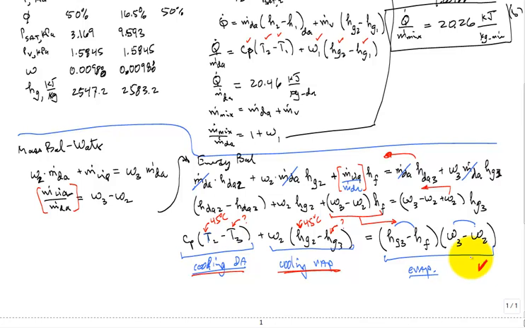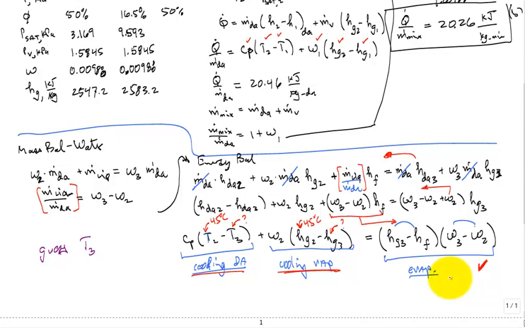All right, so this is our energy balance equation. What you have to do is you just guess. What is my exit temperature? Guess T3. Once I have T3, I can compute everything on the left-hand side and everything on the right-hand side, and then I see if it's balanced.